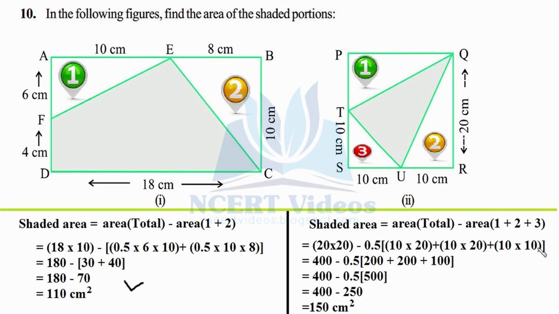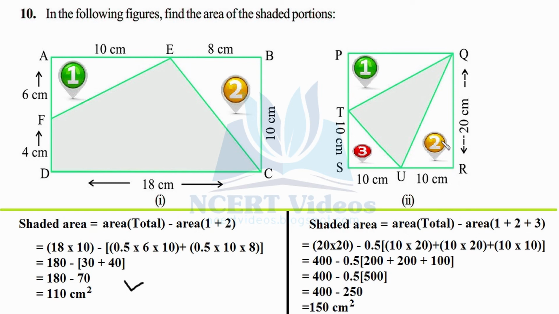So first of all we will solve the brackets. Half is taken as common, then base into height. What is this? When the total is 20 and this is 10, this will be 10, since 20 minus 10 is 10. Therefore 10 into 20, because 10 plus 10 is 20.